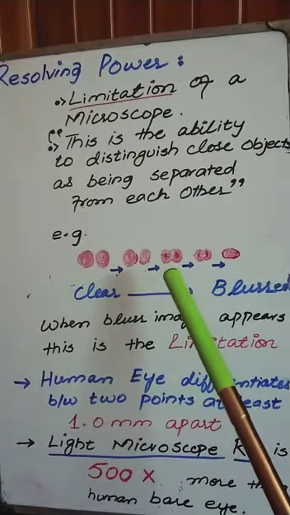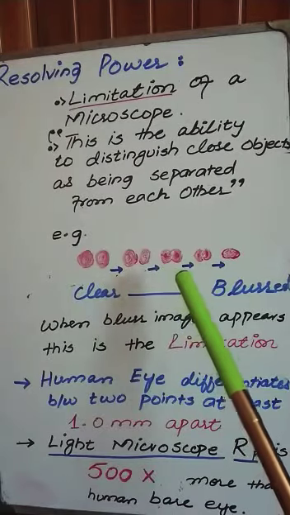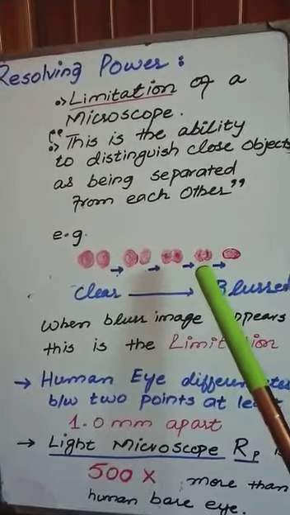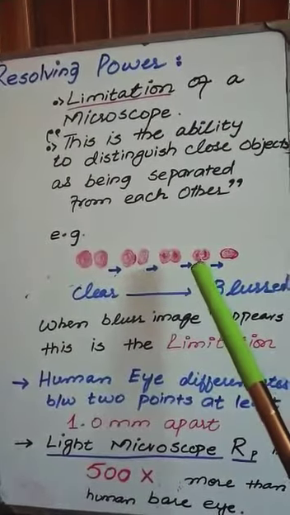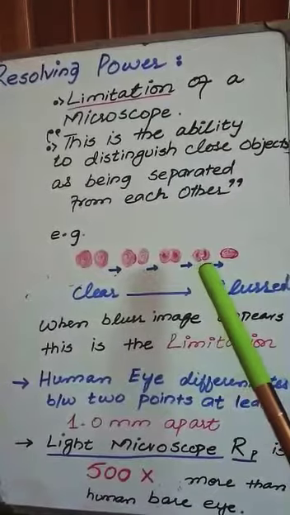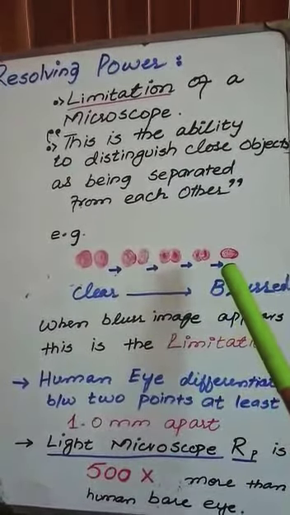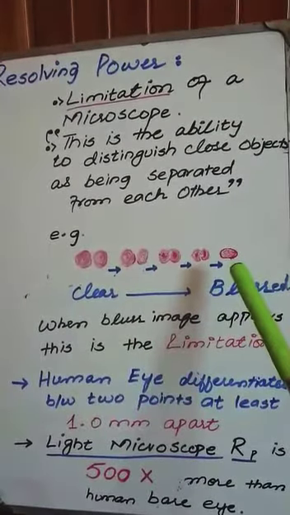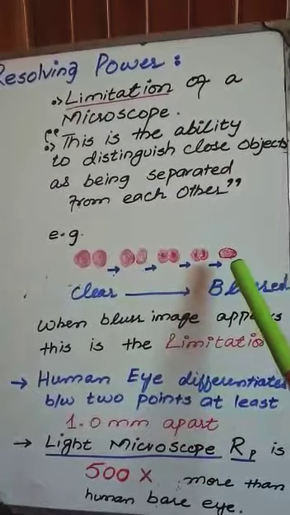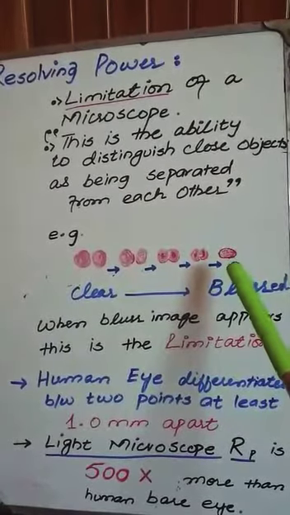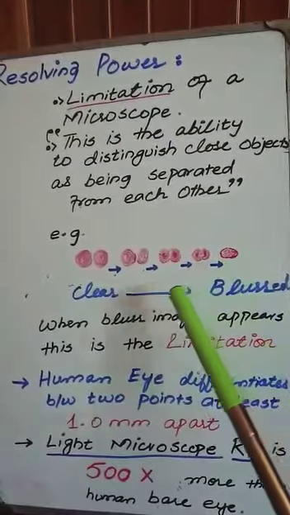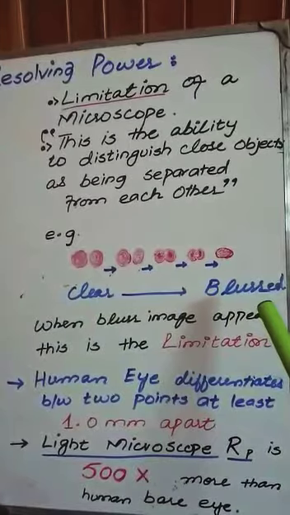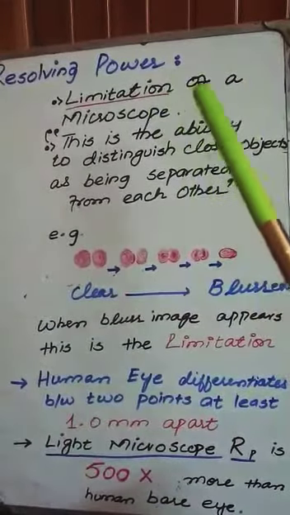In the next step it is reduced more, and you can hardly distinguish between these two balls. And in the very last image, you can see clearly that it is a blurred structure or a blurred image. Likewise, we can explain it from clear to blurred image. So this is the limitation of a microscope.